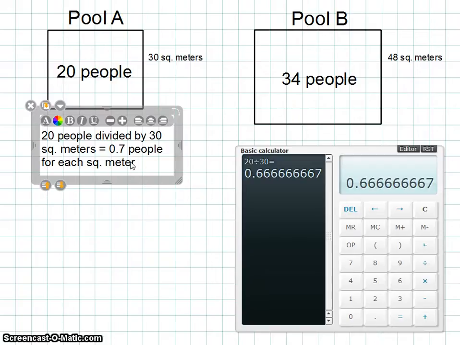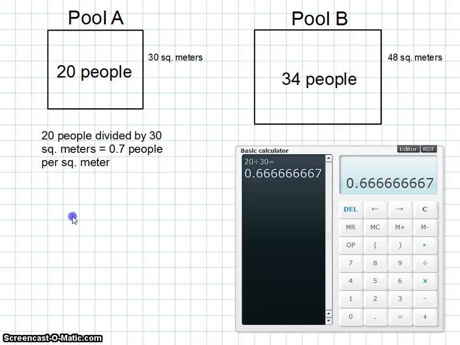So 0.7 is the number of people, maybe instead of for each, I can change it again to per square meter. So if we divide the total number of people in pool A by the area, there will be 0.7 people in each square meter.